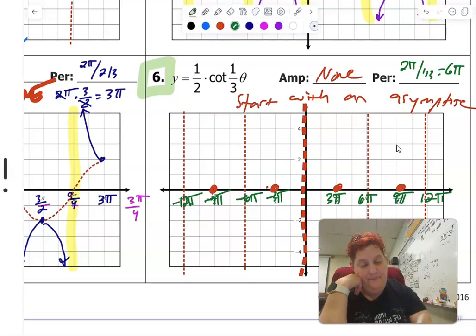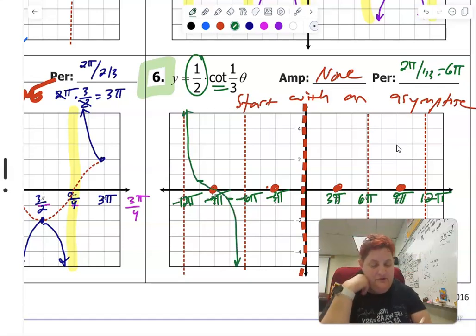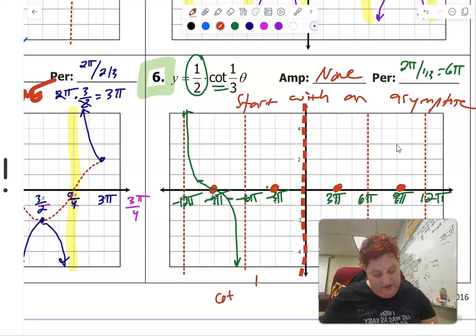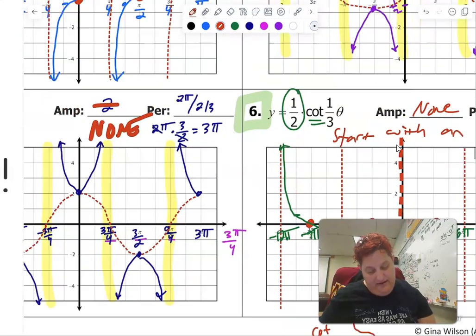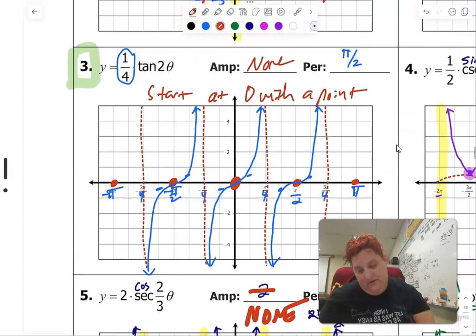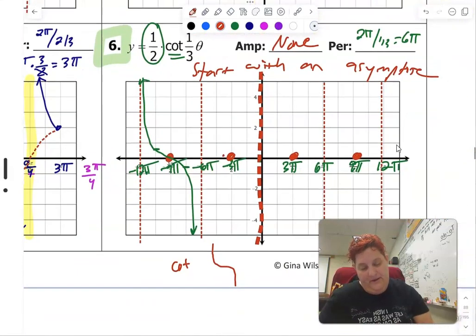Now I want to draw these cotangent. You have to draw these down. With the 1/2 right there, I go a half here, a half here. These I draw down. So if you want to make a note for that, you would say cotangent goes down like that. And if you want to make a note over here, tangent goes up like that.